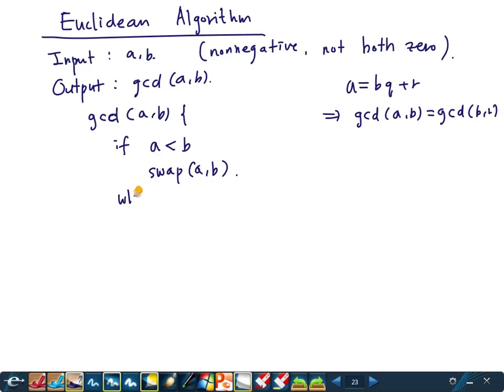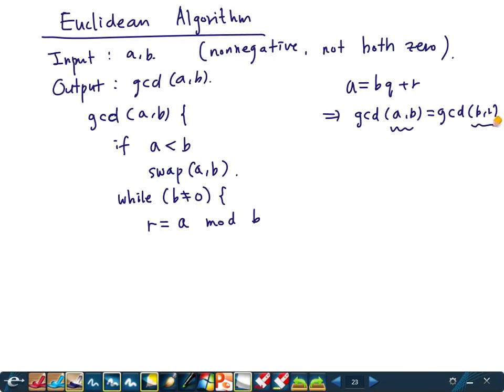Now while B is non-zero, we will do the following. R equals A mod B. We are basically doing this thing. R is what? The remainder of A when divided by B. So it's A mod B. Now we will change that into this.